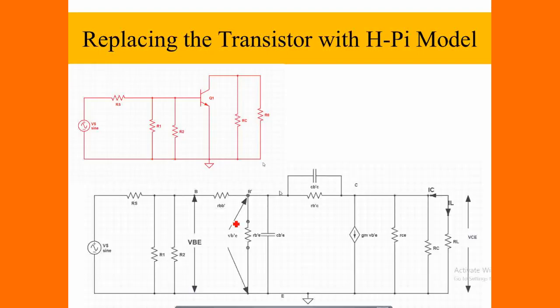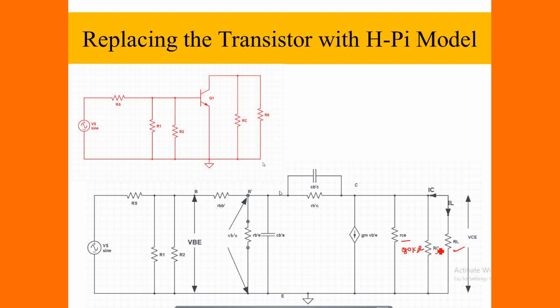Then the circuitry here. RL is a finite resistance, in parallel with RC and RCE. We know that RCE of 80 kilo ohms is in parallel with RC and RL, and we are taking RL to be a finite value, not more than this.